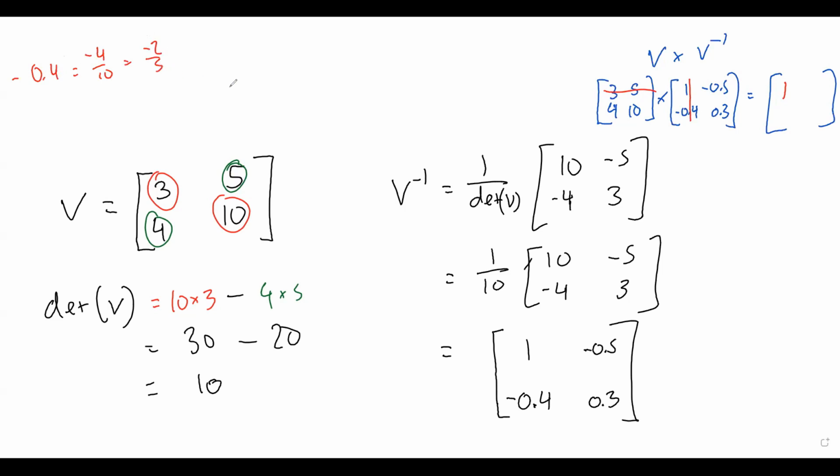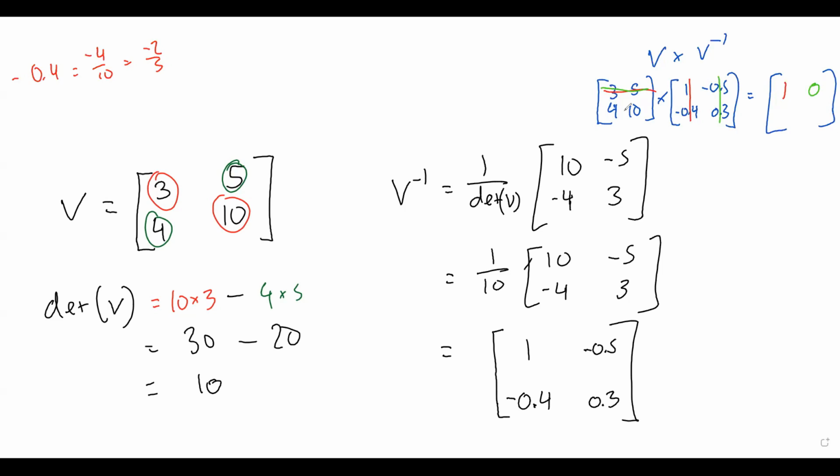So if you multiply that by 5, it's going to give you 2. If you still don't believe me, buy yourself a calculator. 3 times this column, 3 times -0.5 is going to be -1.5, and 5 times 0.3 is going to be 1.5. So negative 1.5 plus 1.5 is going to be 0.